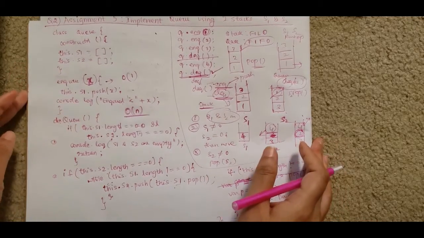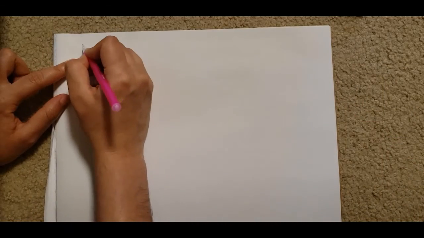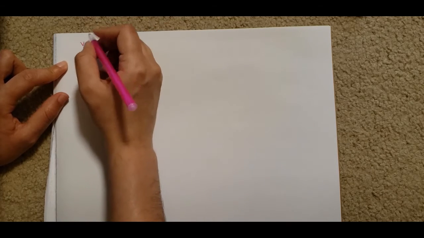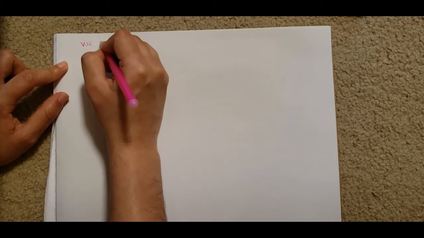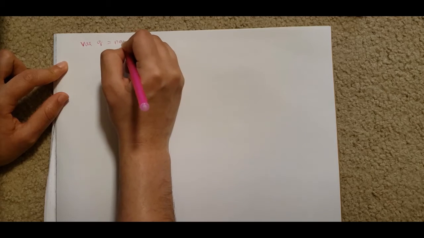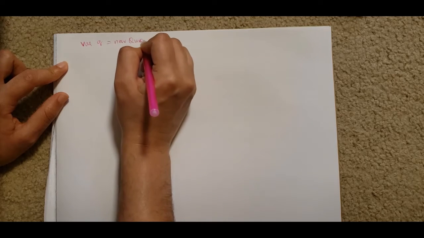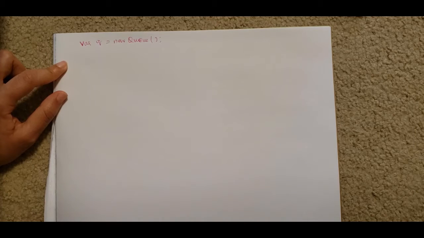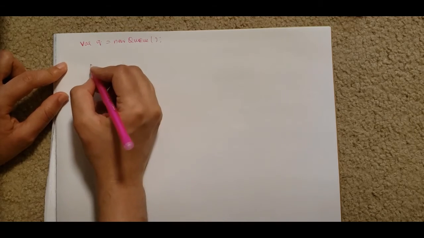Now when we call, first let's define an instance of that class, or define an object variable q is equal to new queue. Okay, and now let's write the instructions.